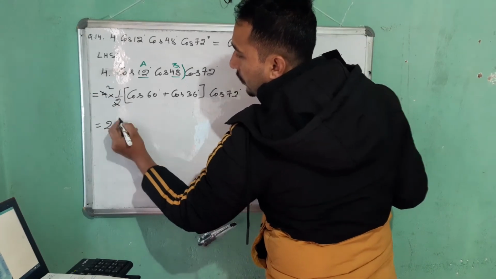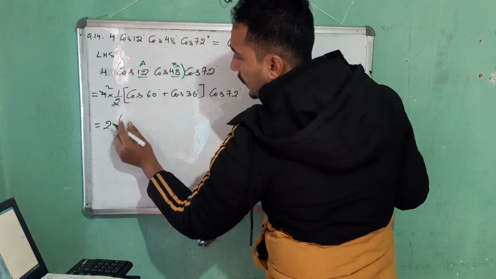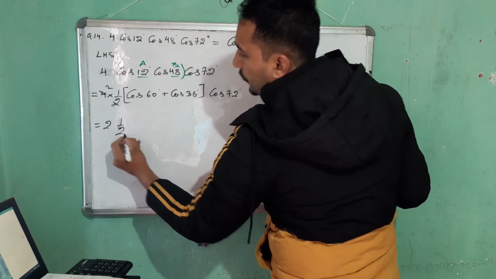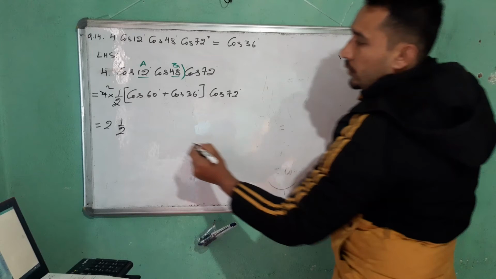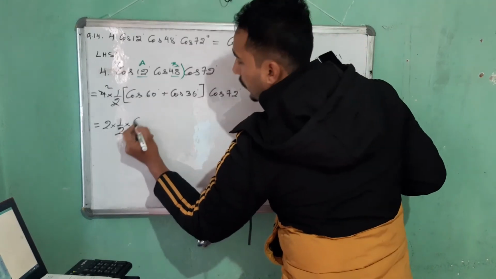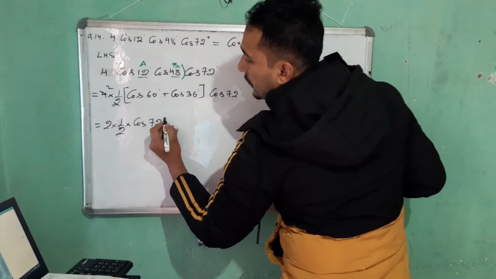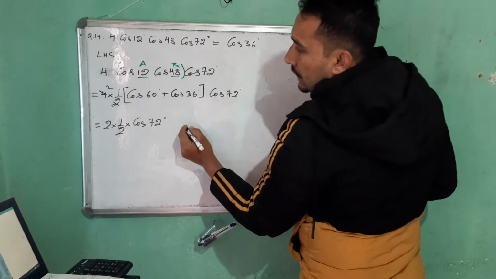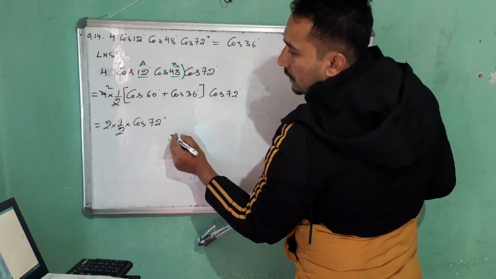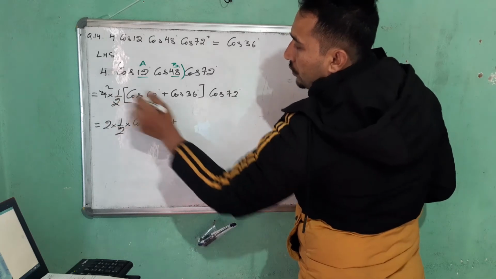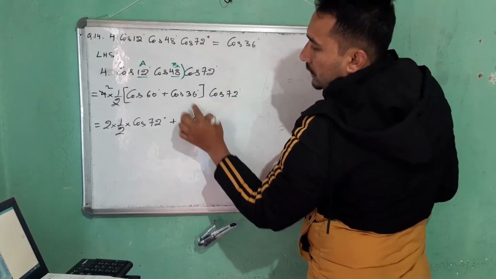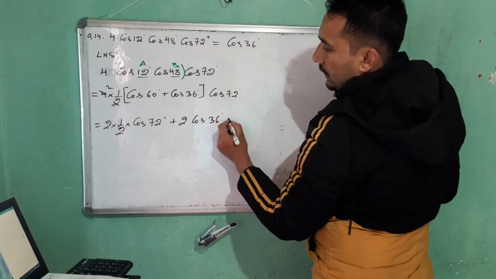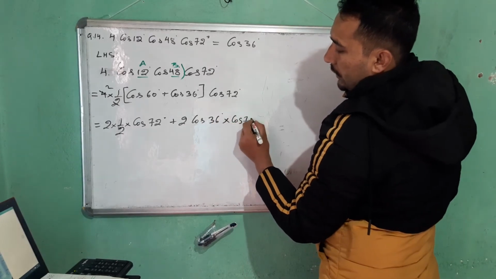Cos 60 degrees, how much? Cos 60 degrees is 1 by 2. So 2 into 1 by 2 into cos 72 degree, this is 2 into cos 60 into cos 72, plus 2 cos 36 degree into cos 72 degree.